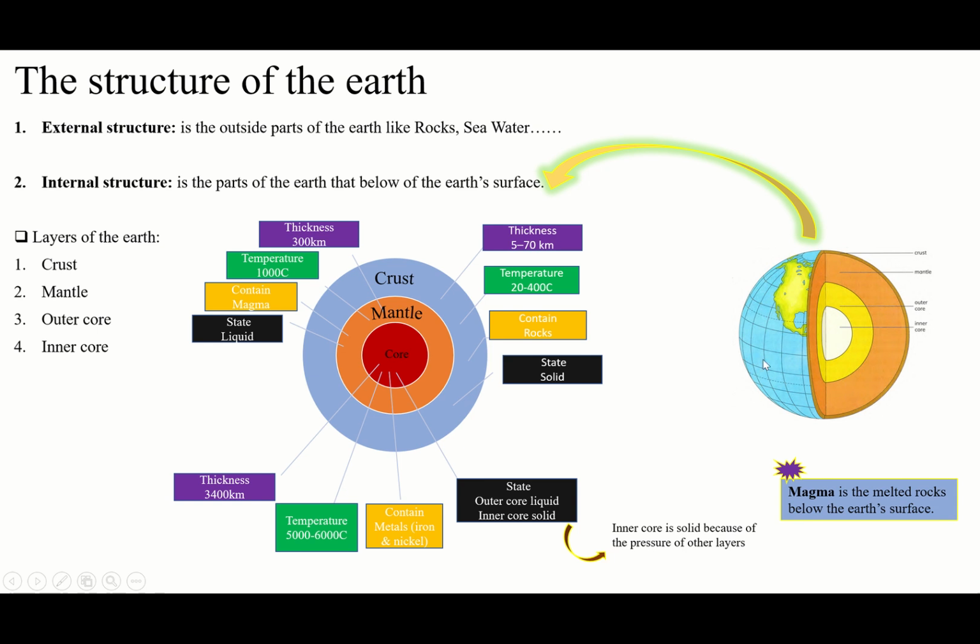This inner core will be solid because of this too much pressure by the other layers. So these are the differences between each of the layers: in their thickness, their temperature, what they contain, and their states. And we have magma. Magma is the melted rocks below the Earth's surface, and that's it.